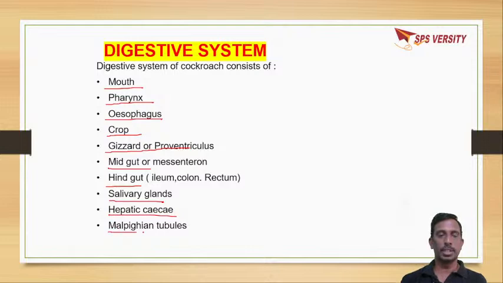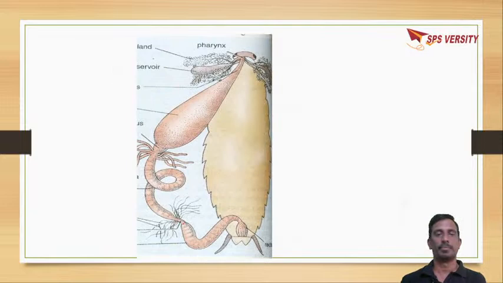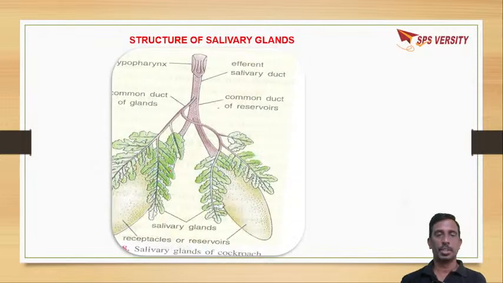It is also associated with excretory organs, the Malpighian tubules. You can see the salivary glands, which have ducts that open into a common duct.